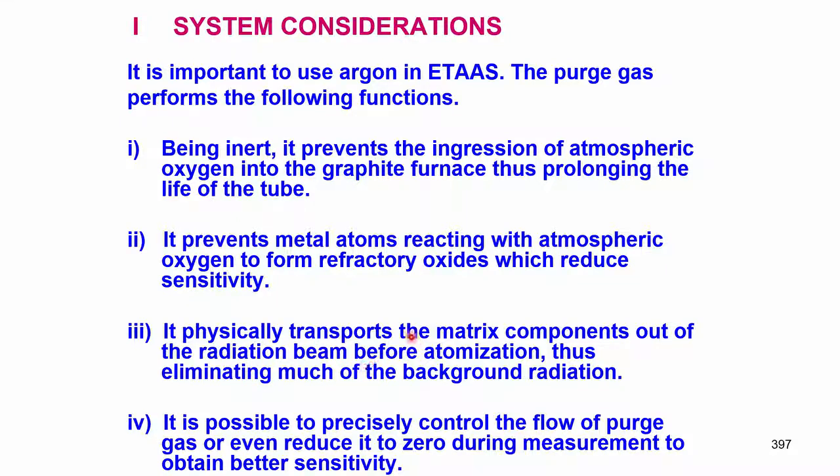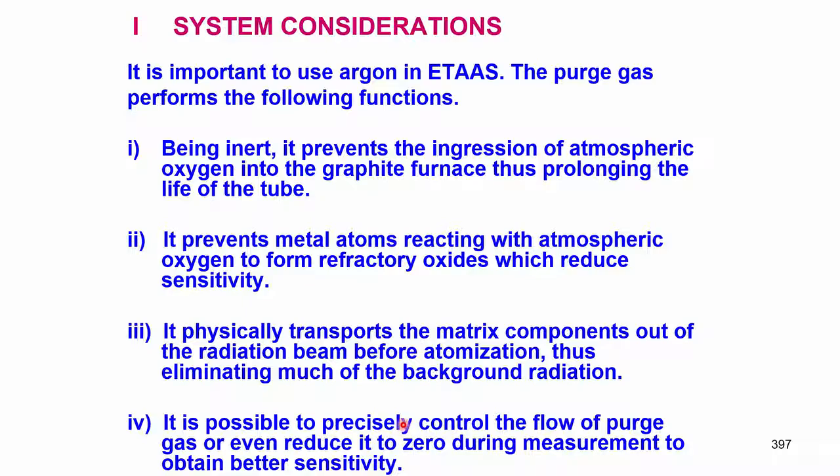So, it physically transports the matrix component out of the graphite tube before atomization, so long as argon is flowing. It is also possible to precisely control the flow of argon or even reduce it to 0 during measurement to obtain better sensitivity.